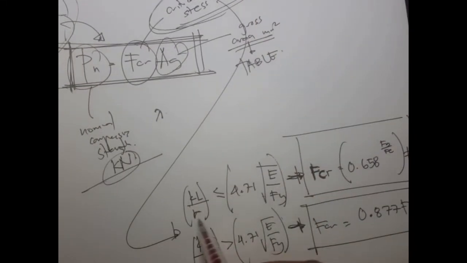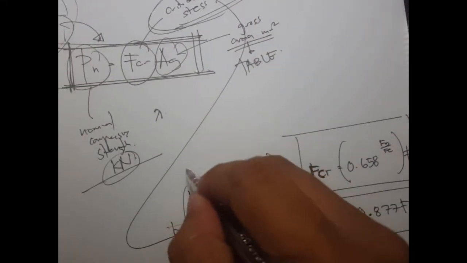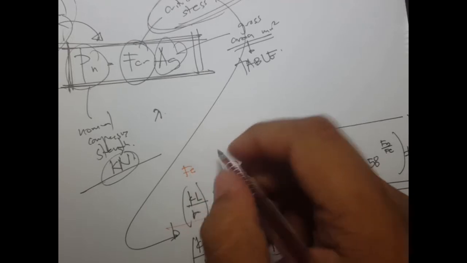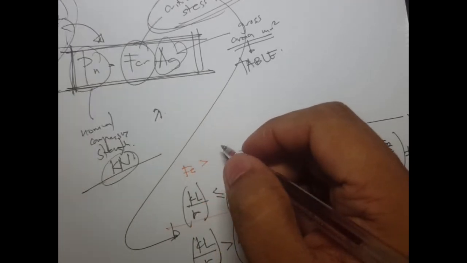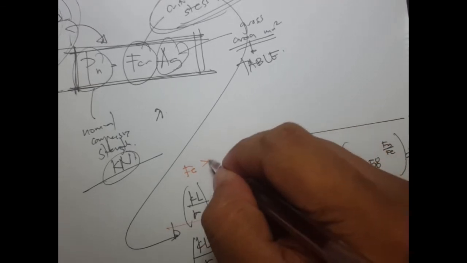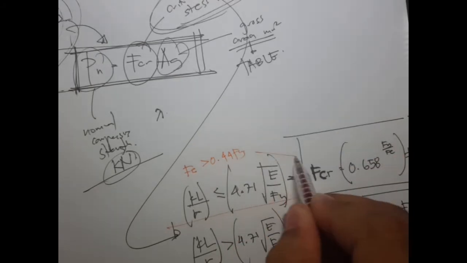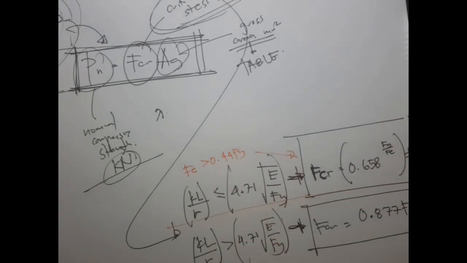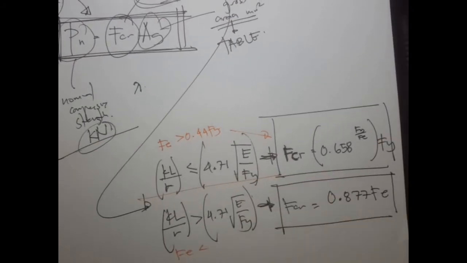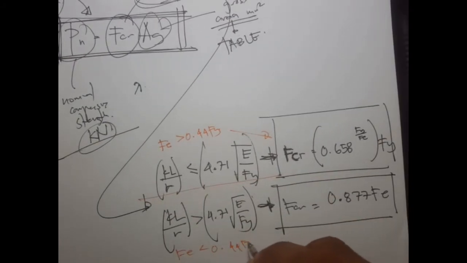This condition can also be in terms of Fe instead of the slenderness. If Fe is greater than 0.44 Fy, then this is the equation. But if Fe is less than 0.44 Fy, then the equation is Fcr equal to 0.877 Fe.